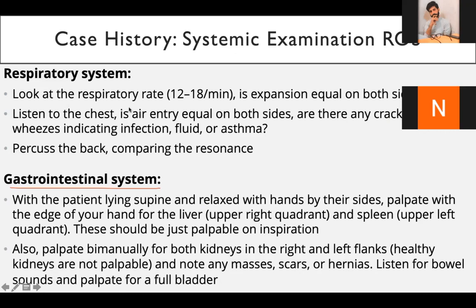First you inspect, and then you auscultate, and then you palpate and percuss. But you should percuss first, because otherwise you cannot find the readings in the GI system.